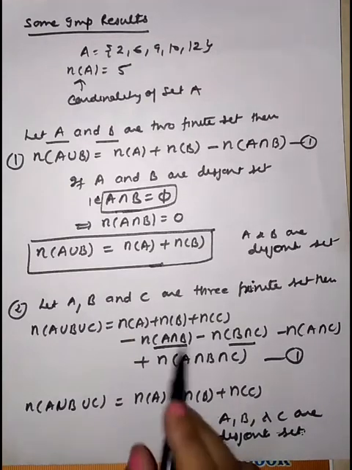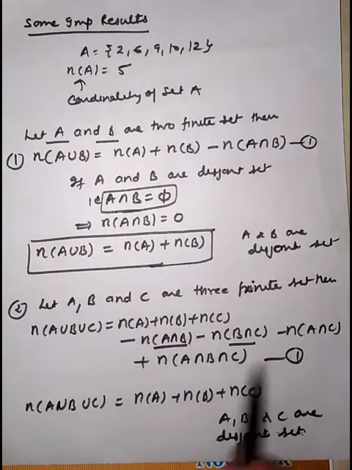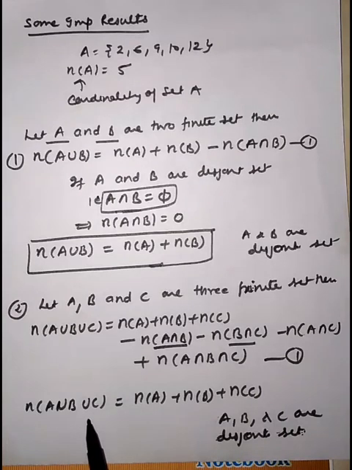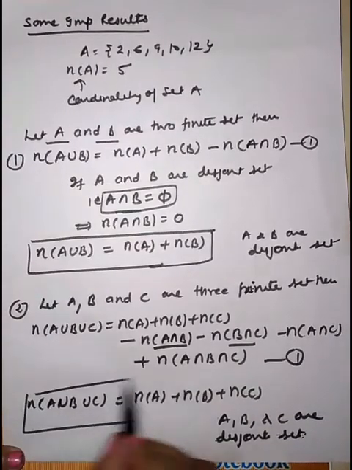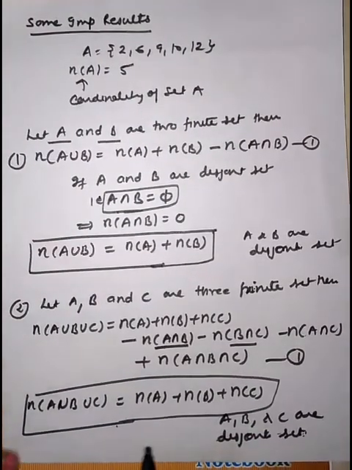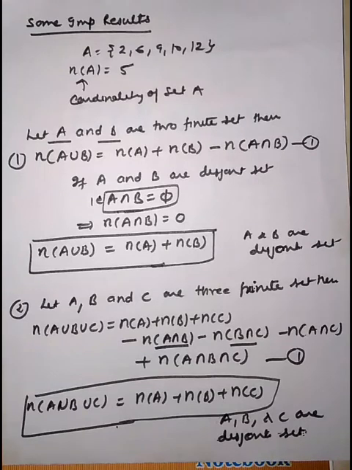So the result reduces to n(A union B union C) equal to n(A) plus n(B) plus n(C). These are the most important results. You have to learn them, as they are used very much for solving examples.